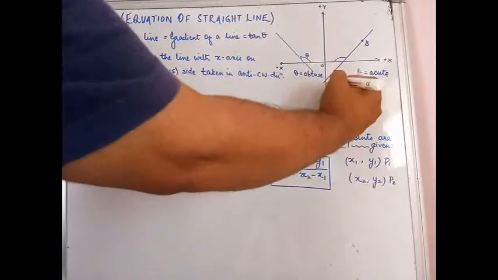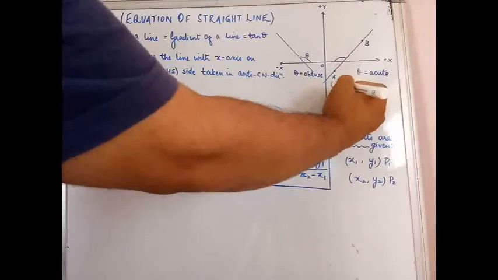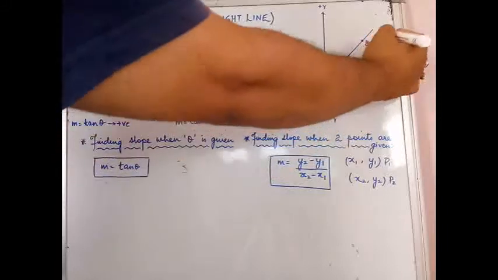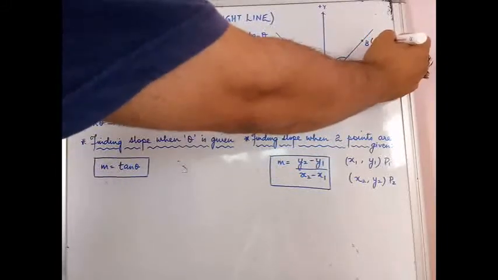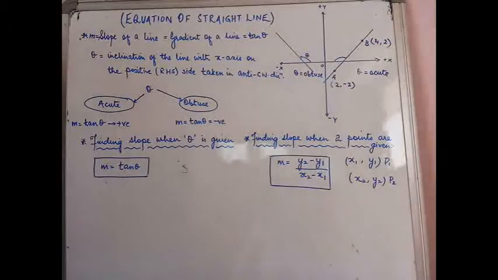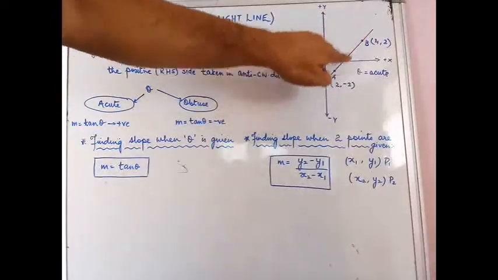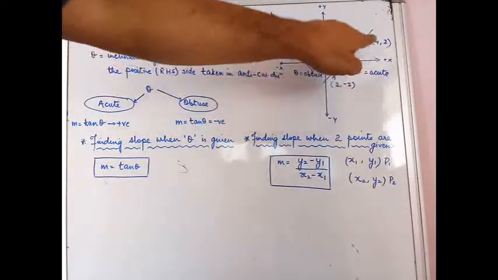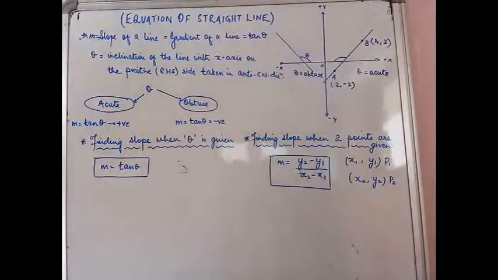Supposing I take the value of A to be, let's say, 2 comma minus 2 and the value of B as 4 comma 2, something like this. Suppose the question has given you two points and their coordinates, and they tell you that the straight line is passing through those two points.